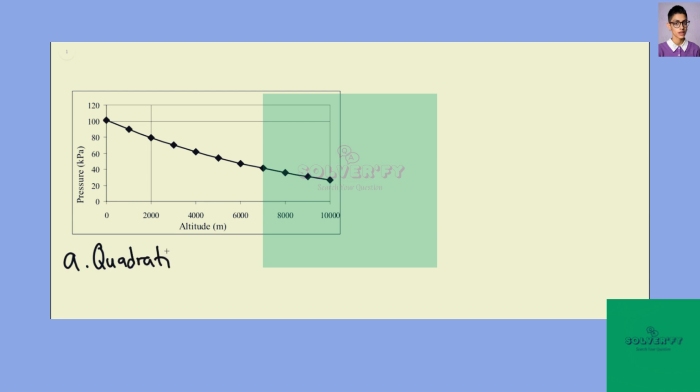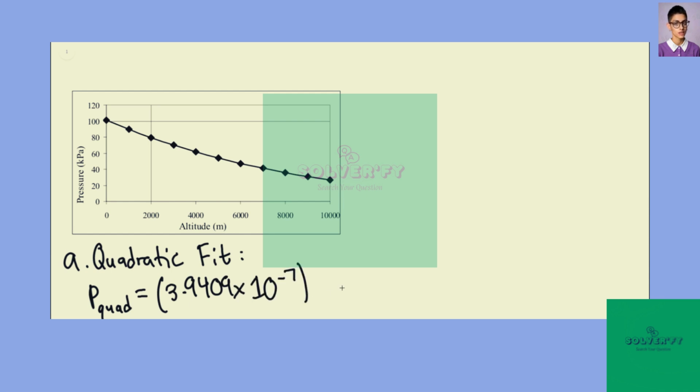So using a quadratic fit within Excel, this gives us that the pressure of the quad would be equal to 3.9409 times 10 to the negative seventh y squared, where y is the altitude, minus 1.1344 times 10 to the negative second times y, and then plus 100.91.